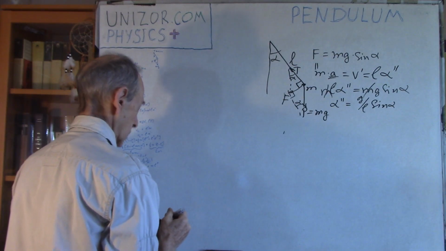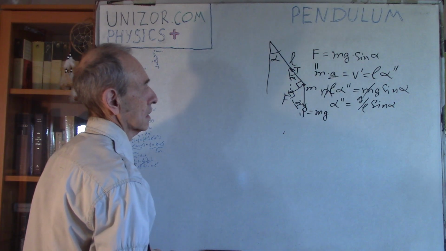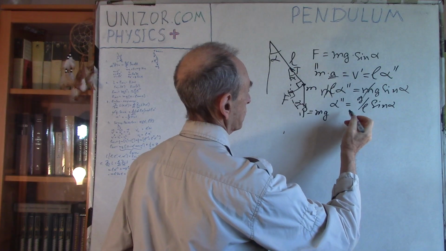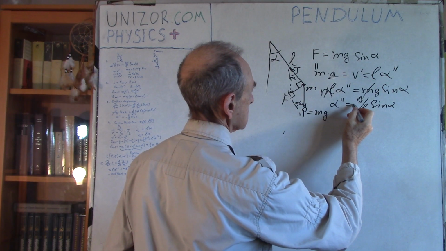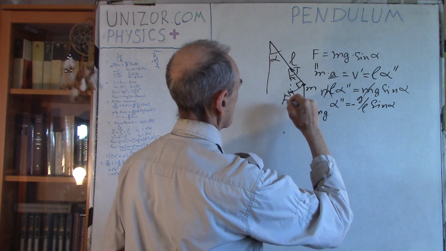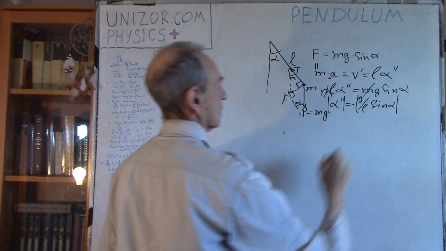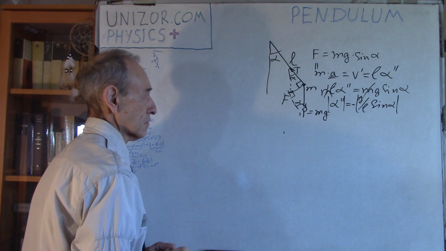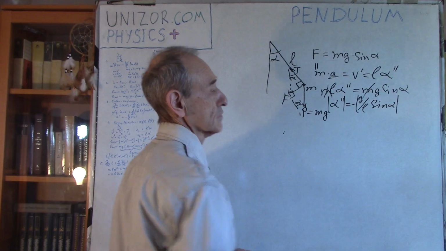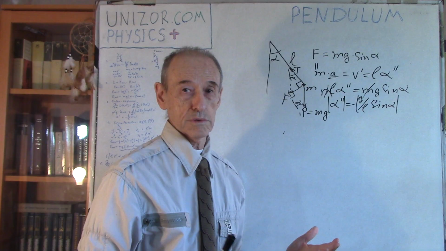Actually, I think we need a minus sign, if I'm not mistaken, because of the direction downward. Well, it doesn't matter; we're talking about the absolute value of this. So it's a relatively easy problem to state. However, you cannot solve this particular equation in the regular functions we are used to.